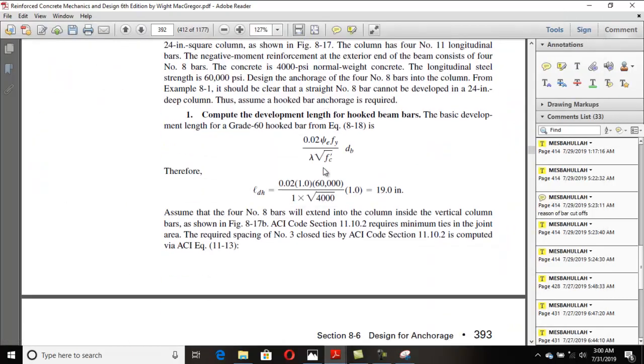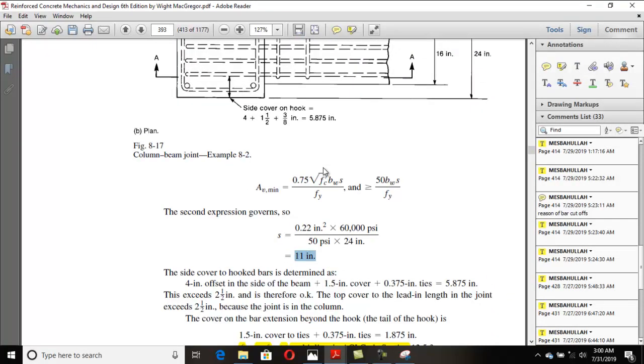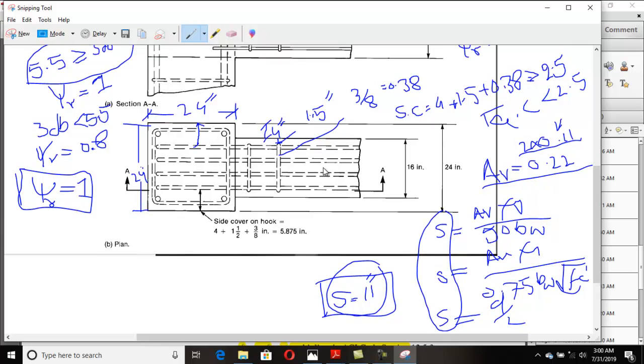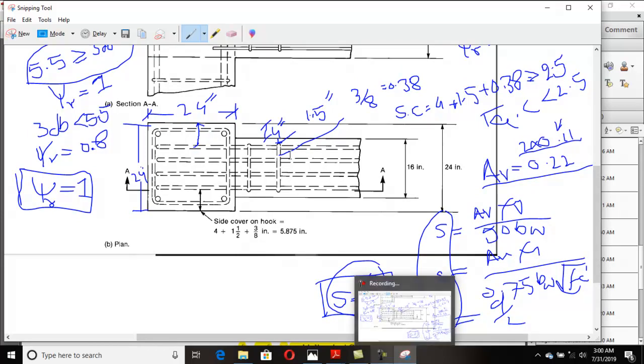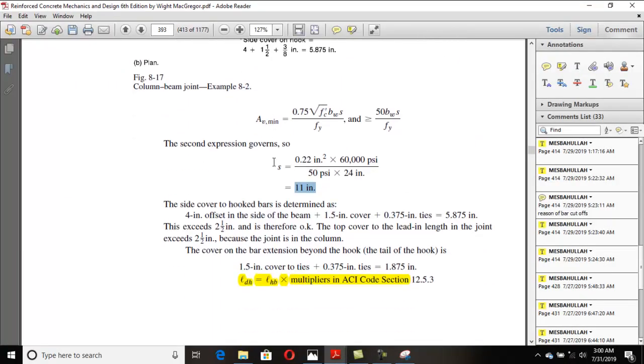Clear? This one they get 11 inches. So this is S, 11 inches.